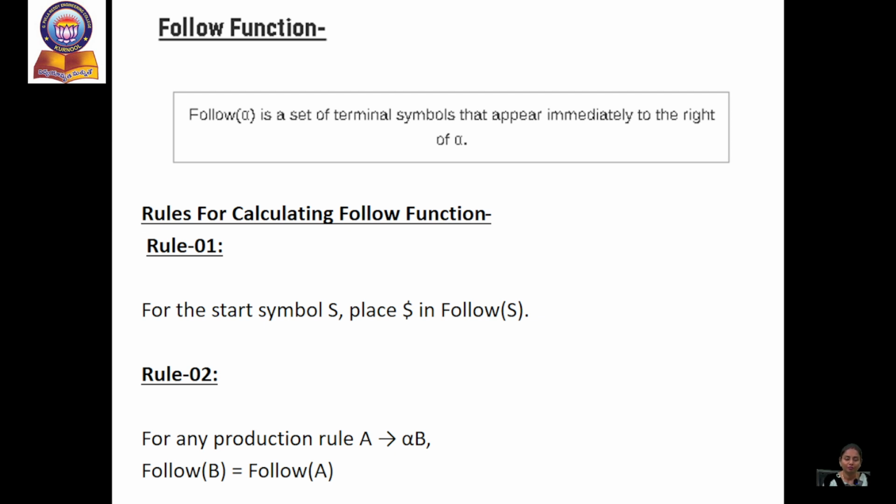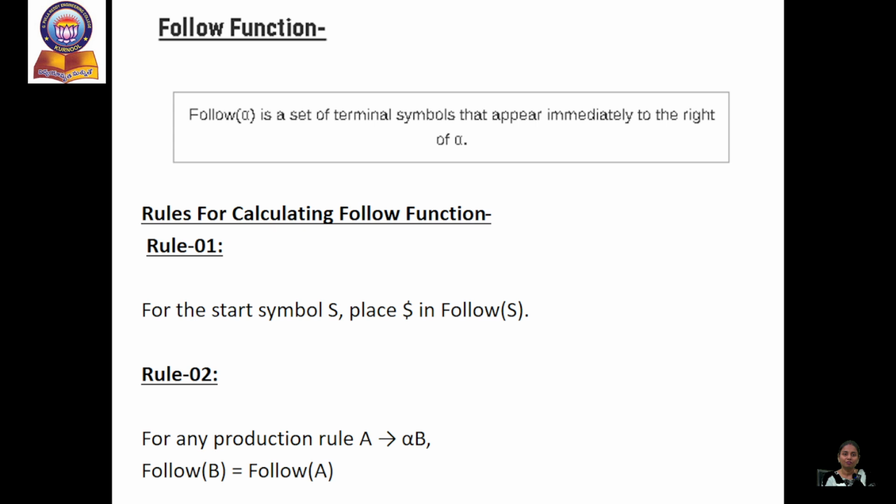Coming to the follow function. So follow function of any non-terminal is a set of terminal symbols that appear immediately to the right of that non-terminal, immediate to the non-terminal. Here you have to remember one important point, that the first function will be calculated only for the non-terminals available at the LHS side of a given grammar.